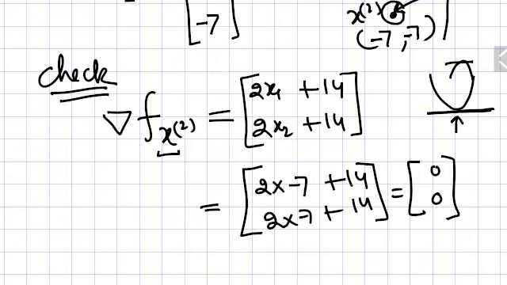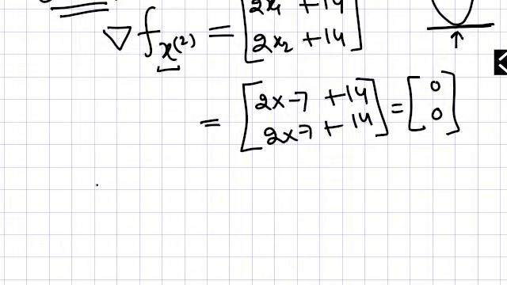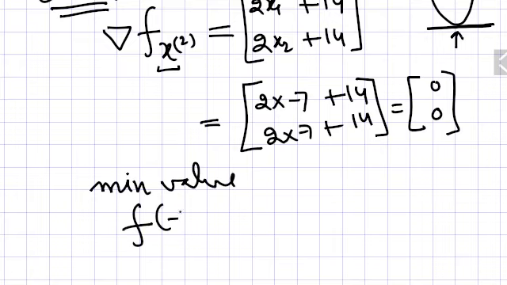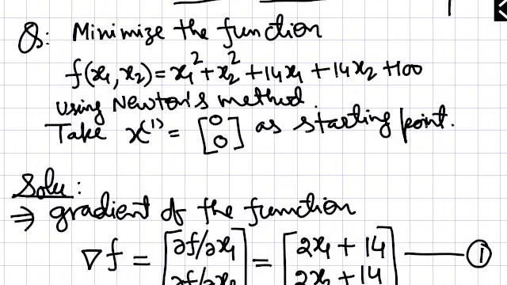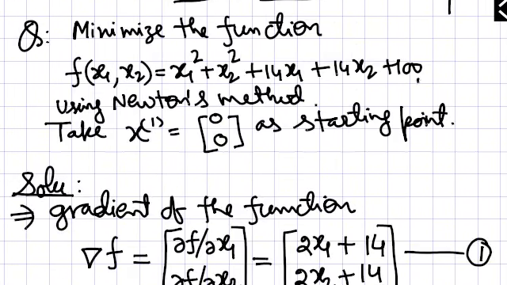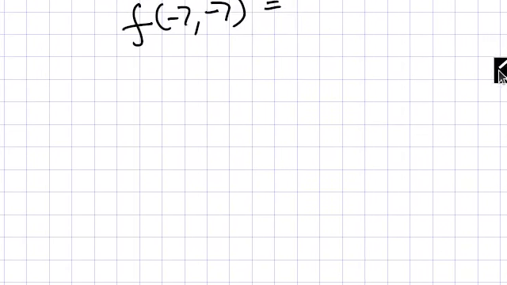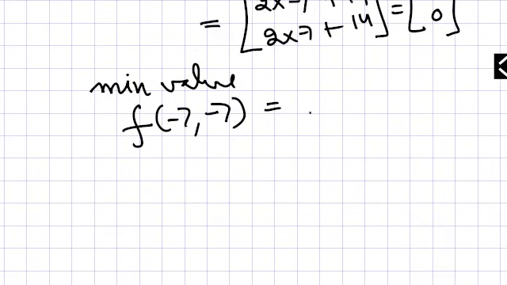And what is the minimum value at this point? Just put -7, -7 in the function, you will put this value here, and you will get the value -98. So this is your minimum value.